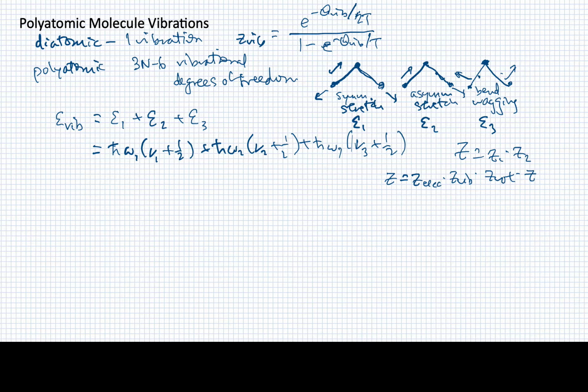Well, the same is going to be true here, where with multiple vibrations, we can take each of these as basically giving rise to a new kind of partition function, and it's going to be the product of those partition functions that gives us the final partition function. I'm cutting a few corners here, I realize, but what I want to persuade you is that the total vibrational partition function is essentially going to be the vibrational partition function for the first oscillator times the vibrational partition function for the second oscillator times the vibrational partition function for the third oscillator.